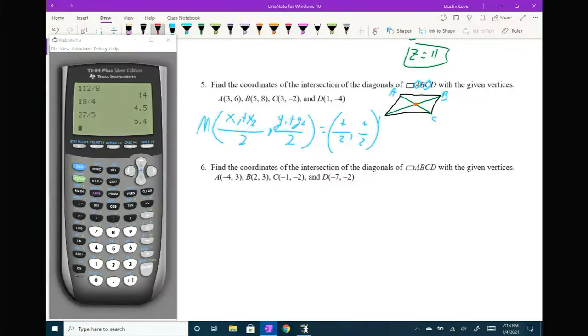So let's take our x coordinates of A and C. That's 3 and 3. My y coordinates are 6 and negative 2. Well, 3 plus 3 divided by 2, that's 6 divided by 2, which comes out to 3. Now, 6 minus 2 is 4, divided by 2 is 2. So there are the coordinates, just by finding the midpoint.